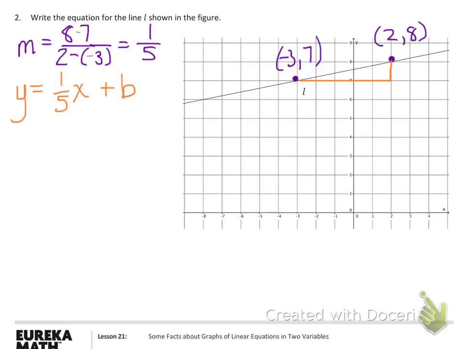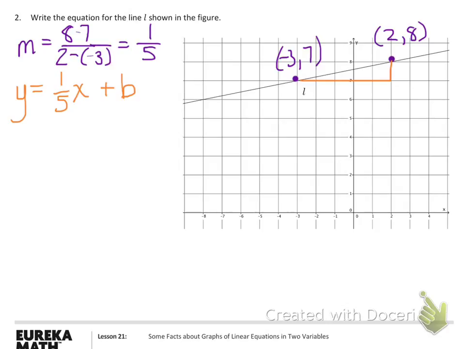Okay, and we can see that the y-intercept should be between 7 and 8 there. So let's see what we get here. So we're going to put in one of our points. Let's use (-3, 7)... let's use (2, 8). You could use either one. Remember we did that earlier where we put a different point in and got the same equation.